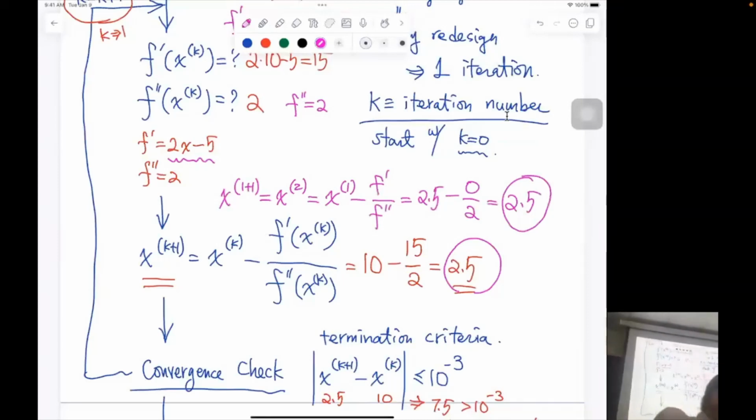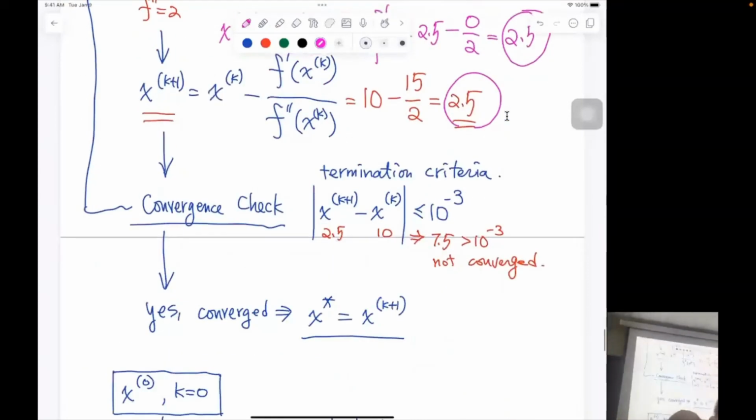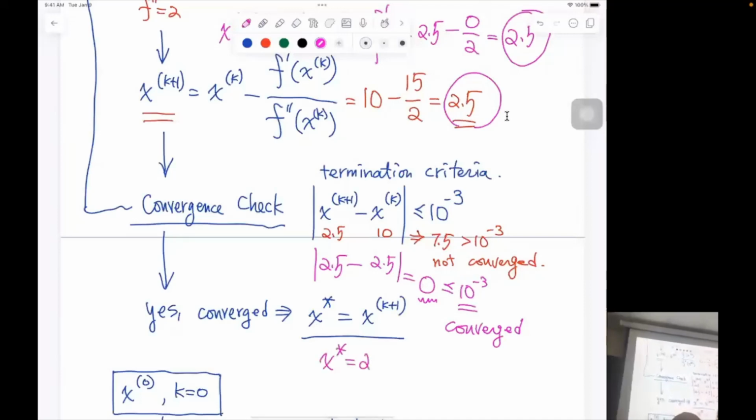So now when I do a convergence check, my previous one is 2.5, my new one is 2.5. So at the end, 0. It's actually smaller than this small number. So converged. At the end, x star actually equals 2.5.